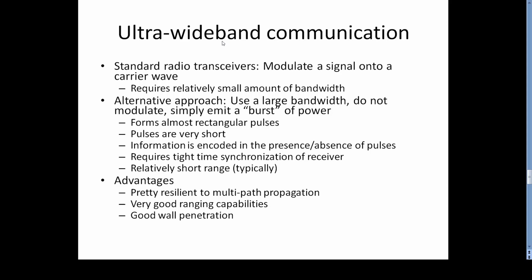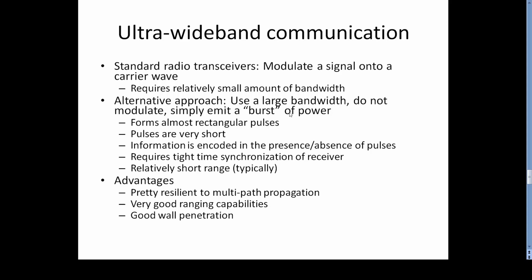Ultra wideband communication. We can use standard radio transceivers, where we modulate a signal onto a carrier wave. That is the technique, and it requires a relatively small amount of bandwidth. Alternatively, we can use another approach. Here we use a large bandwidth and do not modulate, just simply emit a burst of power.